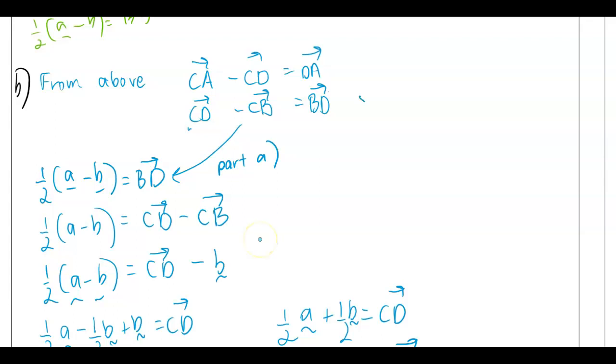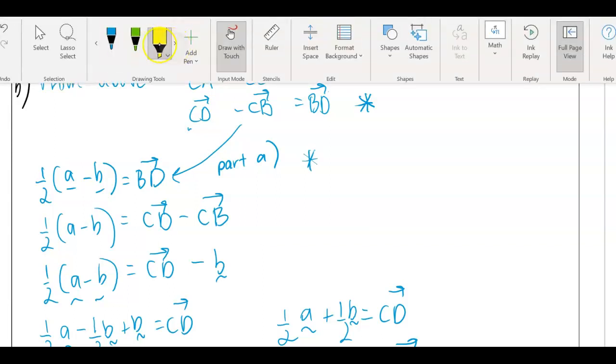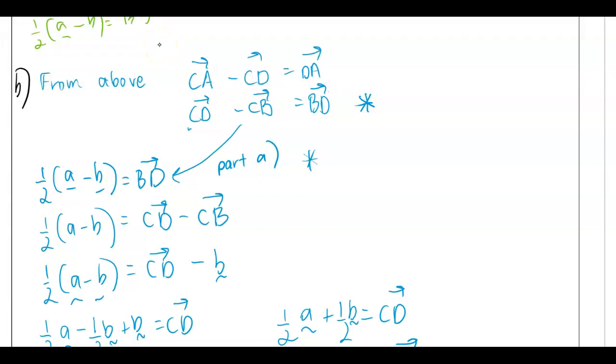So all I've done there is use this equation that we worked out, the one that we had from above, and I've substituted in. So if I just grab a highlighter pen to show you what I've done, where there was a BD in this equation here, I've popped in my equation that I worked out in part A.